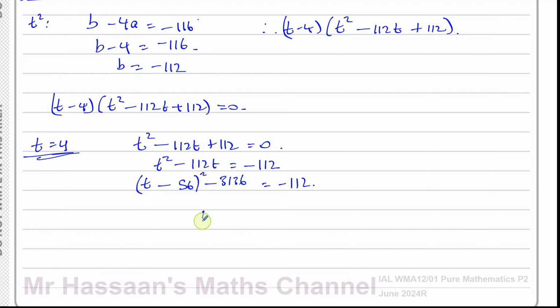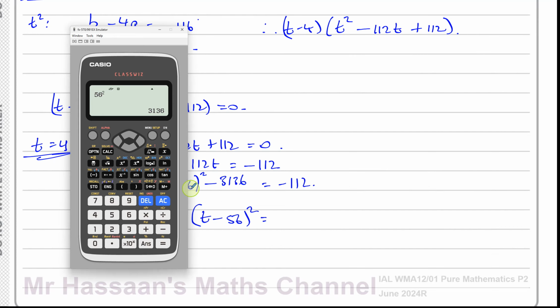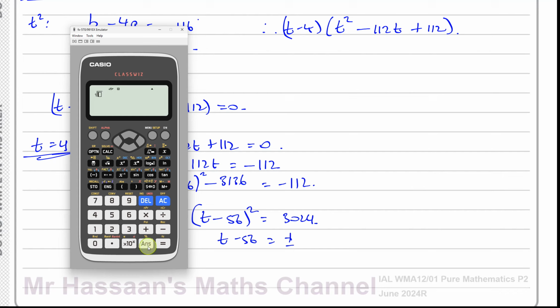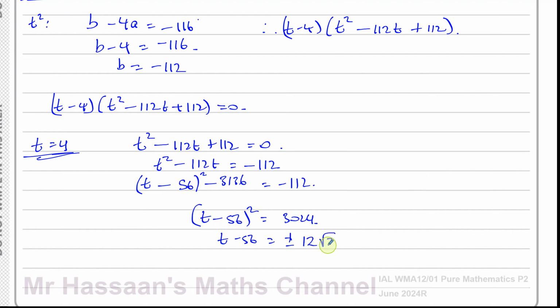So we can say that t minus 56 squared is equal to, we're going to basically take away 112 from that. That's 3024. So we can say t minus 56 is equal to plus or minus the square root of 3024, which gives us 12 root 21.